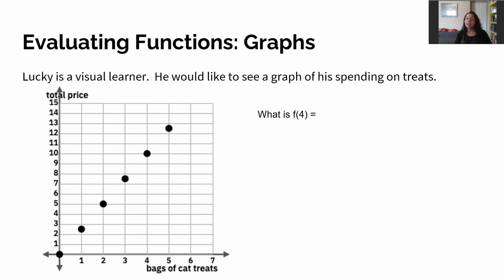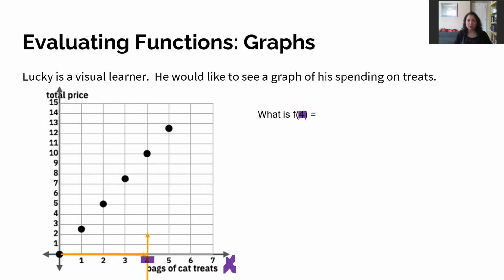Now, if we were to look for f of 4 given this graph, remember 4 is our input, and our input means X. So that's our bag of treats. Here's my 4.